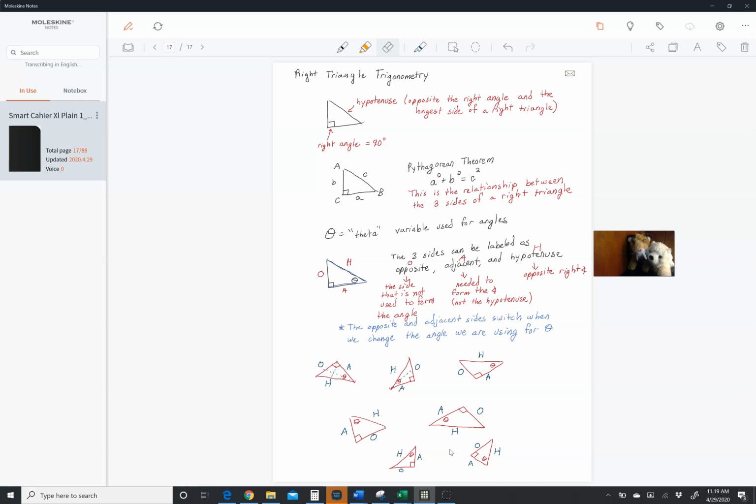Okay, so from here, we're ready to define our trigonometric functions. Okay, and these are definitions. They're not calculations. We are simply defining. And the definition of a trigonometric function is the ratio of the sides of a right triangle. So that's what trigonometric functions are.